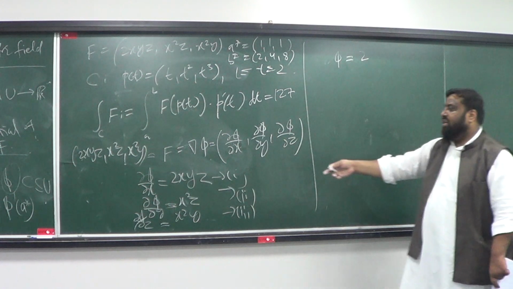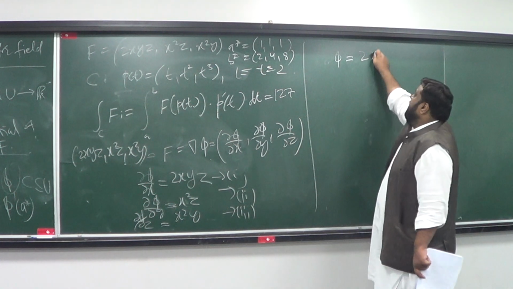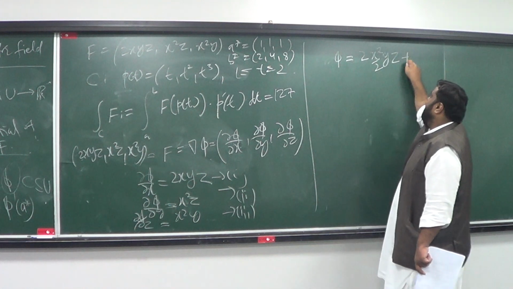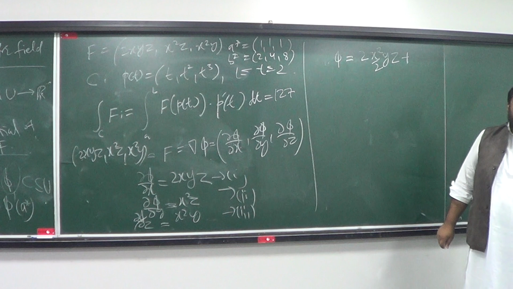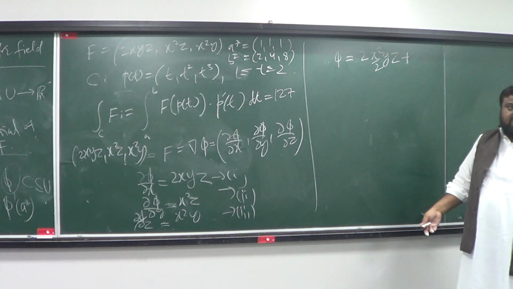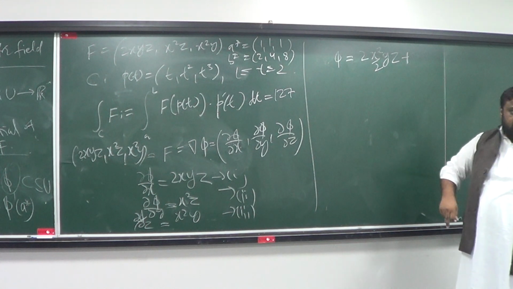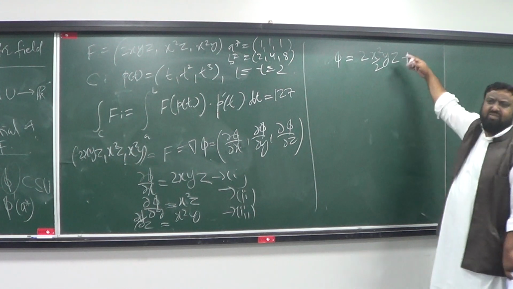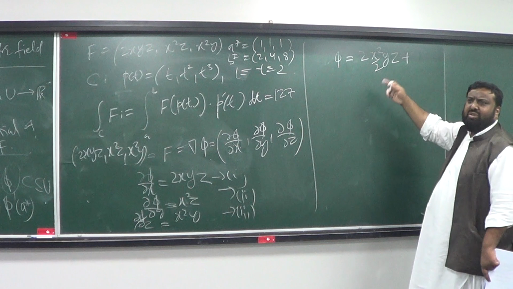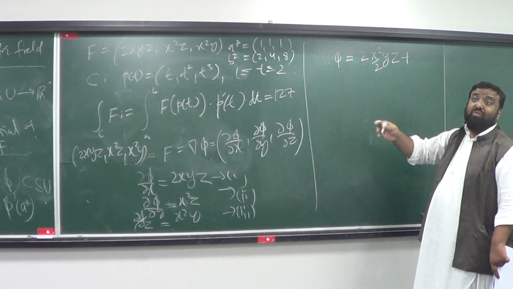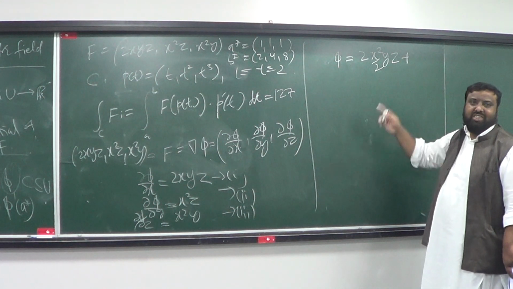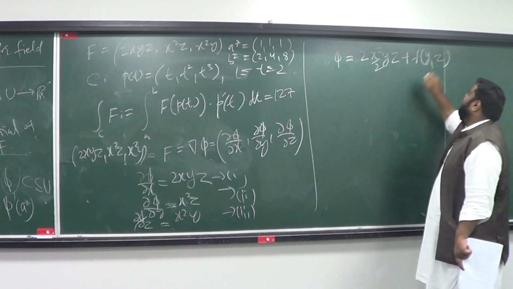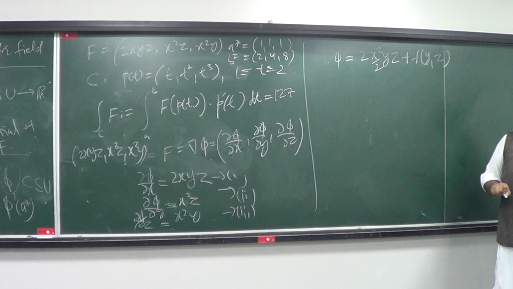So you're going to get 2 times x² by 2 times yz plus a constant. But you're not going to have a constant, you're going to have a function. Why? Because y and z are constant, so whatever constant you are saying is going to depend on y and z. So it will no more be a constant. If you are in one dimension, yes, it will be a constant, but here it's going to be some function depending on y and z.